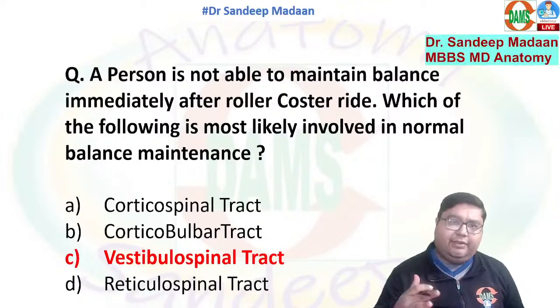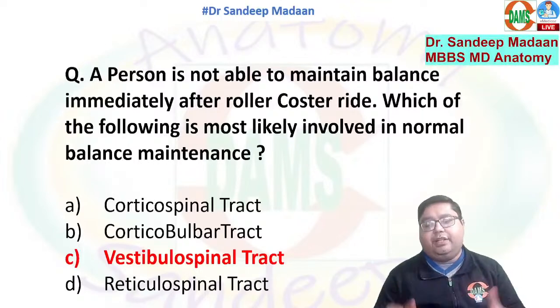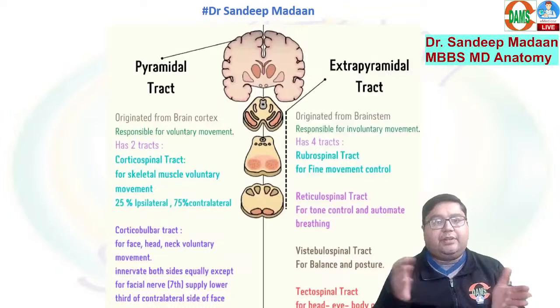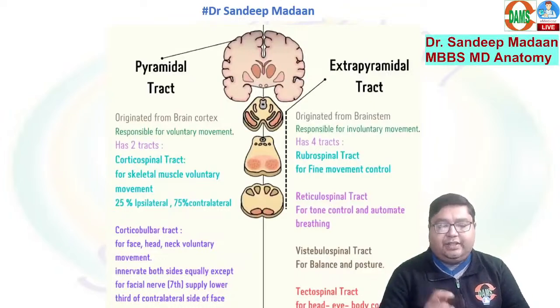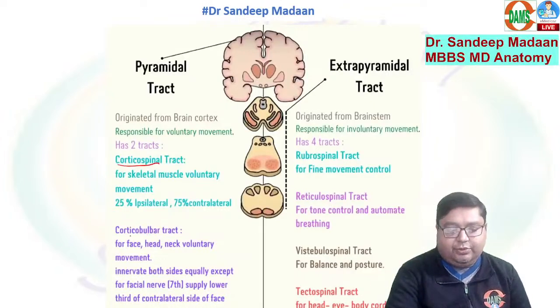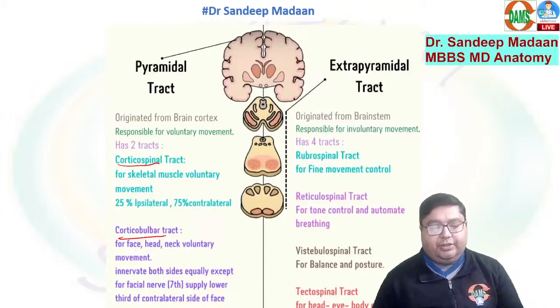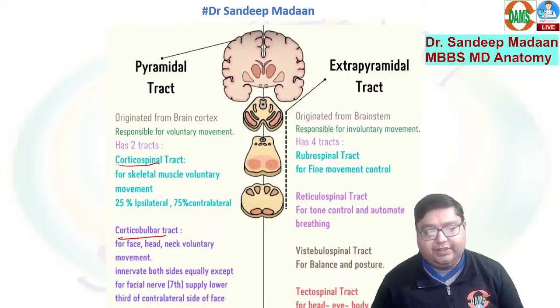By and large, if we divide the tracts into two parts, we can say voluntary and involuntary, which is like pyramidal and extrapyramidal. The pyramidal tract has two further parts: corticospinal and corticobulbar. Corticospinal and corticobulbar are for the movements of the body. Corticospinal is for the rest of the body, but for the head and neck part, corticobulbar fibers.